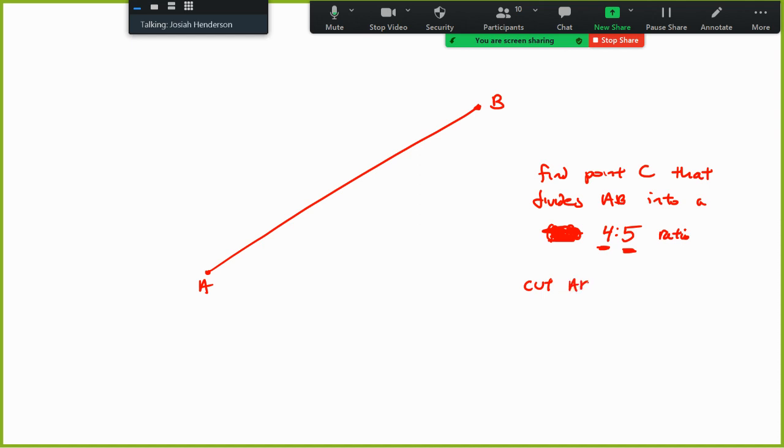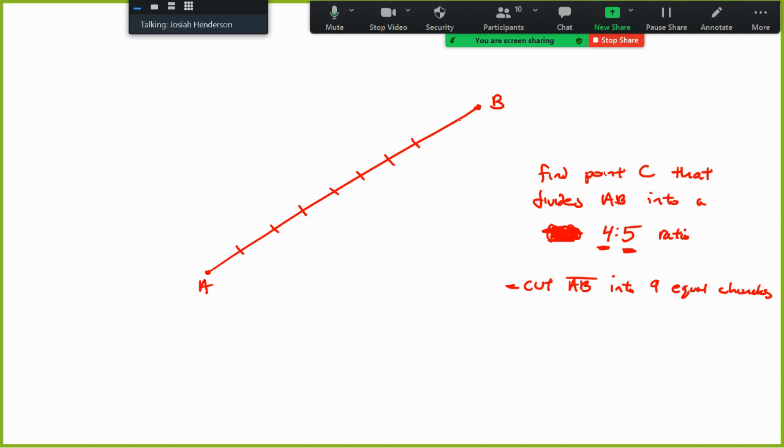So cut the whole line segment AB into 9 chunks and count 4 of them, and that would give you point C. We have to use our formula, though, in order to do that cutting in finding the point. But this is conceptually what's going on. So it'd be like taking AB and cutting it into 9 absolutely equal sections.